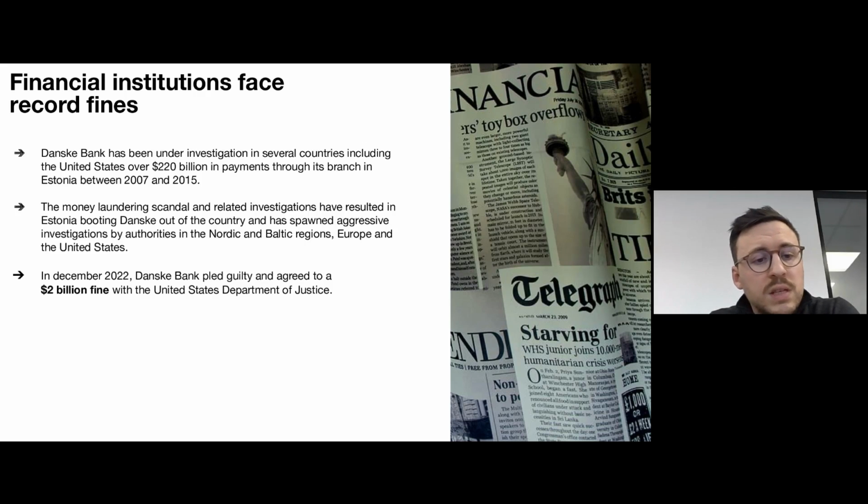The example of Danske Bank: in December 2022 it pled guilty and agreed to a $2 billion fine with the United States Department of Justice for failing to monitor and close multiple gaps in their TMS, leading to billions being laundered through their correspondent banking network. So as you can see, it's a very strong regulatory requirement, and it's a strong focus of financial institutions to have performant and relevant transaction monitoring analysis.